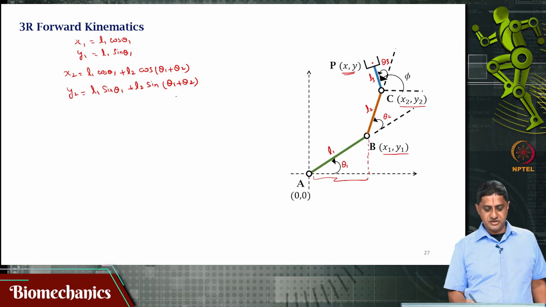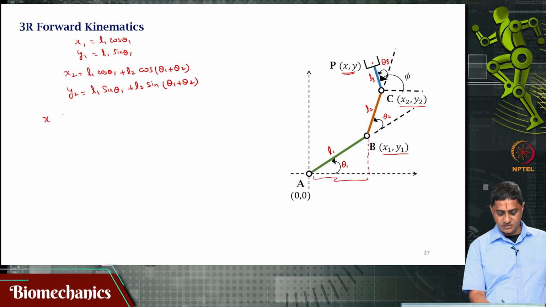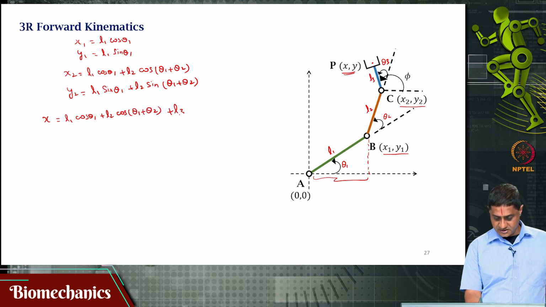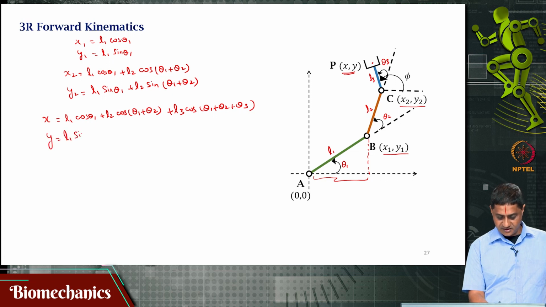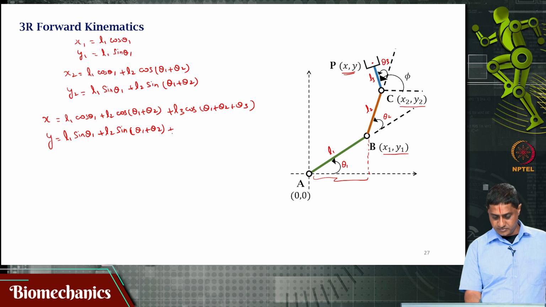Now, by extension, I am interested in finding x and y. X is L1 cos theta 1, okay, plus L2 cos of theta 1 plus theta 2 plus L3 cos of theta 1 plus theta 2 plus theta 3, and y is L1 sin theta 1 plus L2 sin of theta 1 plus theta 2 plus L3 sin of theta 1 plus theta 2 plus theta 3.